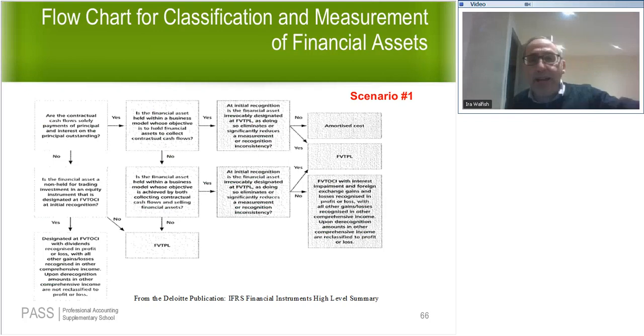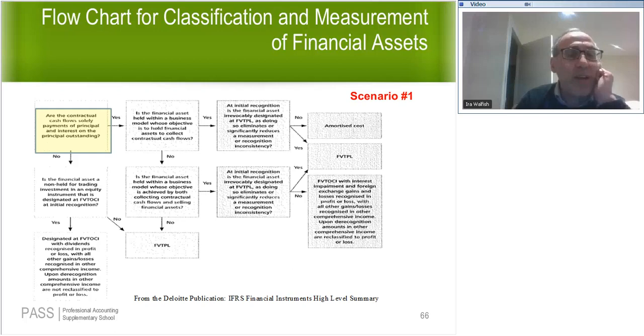Number two, let's assume it's being held within a business model whose objective is to hold the asset simply to collect contractual cash flows. Primary purpose is not sale, but collecting cash flows. Unless I opt to use the FPTPL category, which I'm allowed to do if there's an accounting mismatch, unless I choose to do that, the category I should be using is amortized cost.